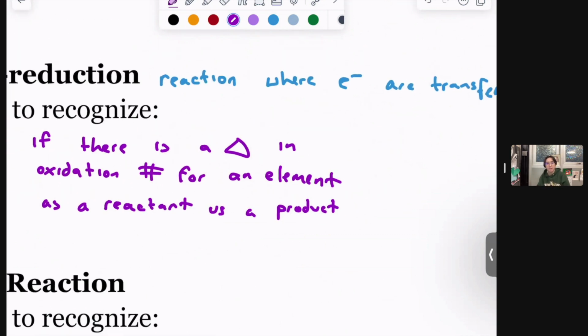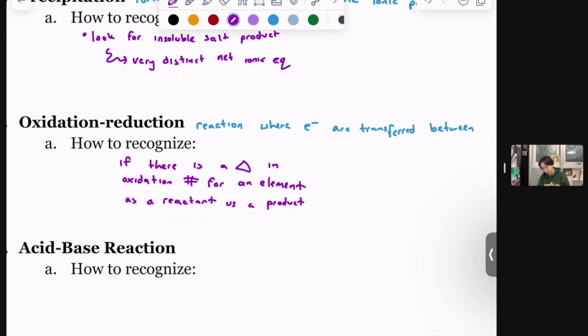Again, we'll learn about that, but this is your telltale sign. By definition, if there is a change in oxidation number, it is a redox reaction.